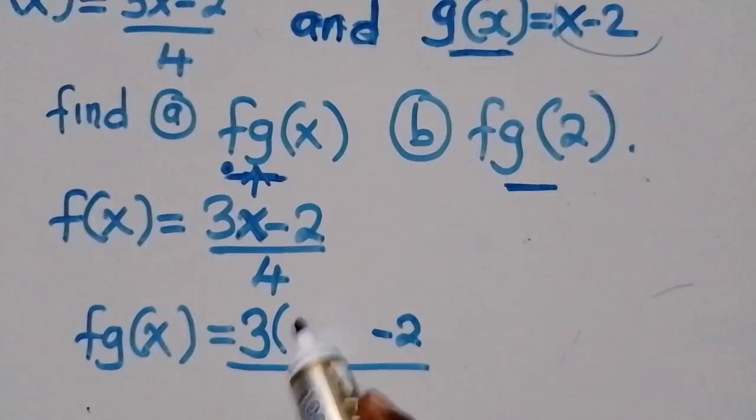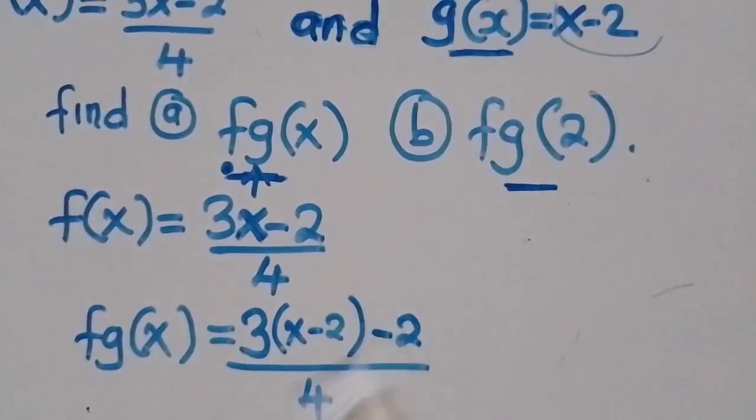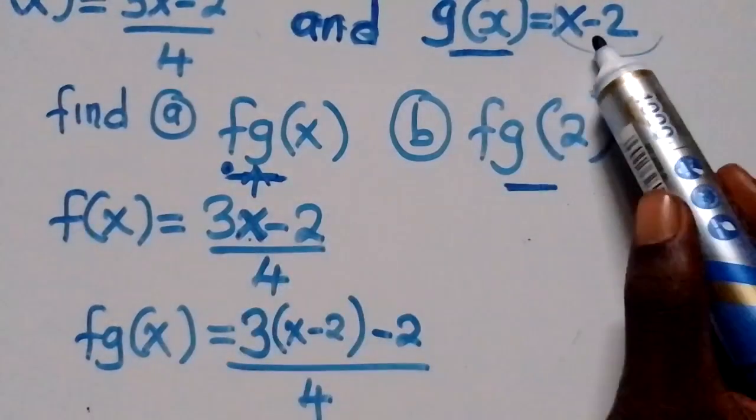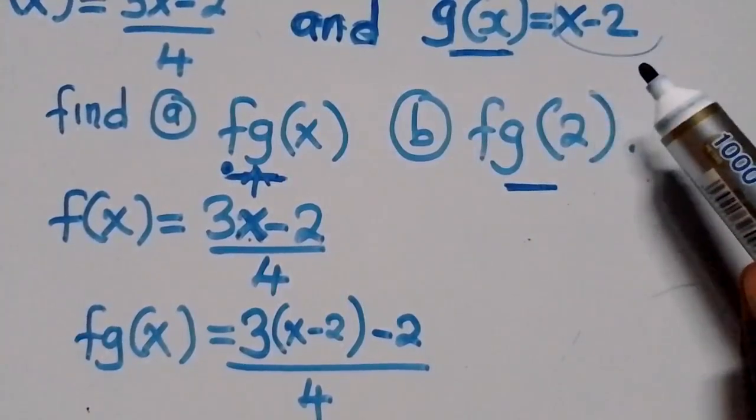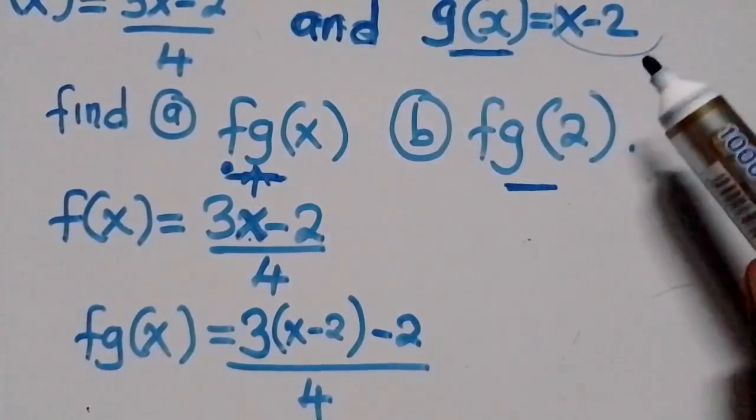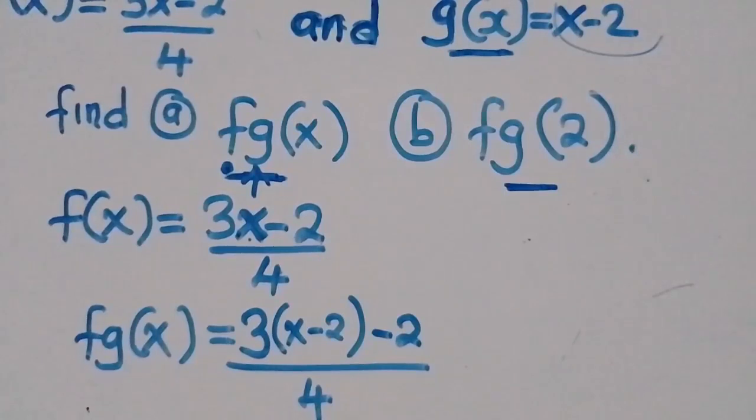So I'll say open bracket x minus 2. These are procedures and steps that you need to understand. Make sure you get all the concepts that you need to get.